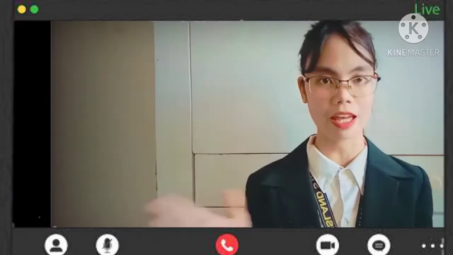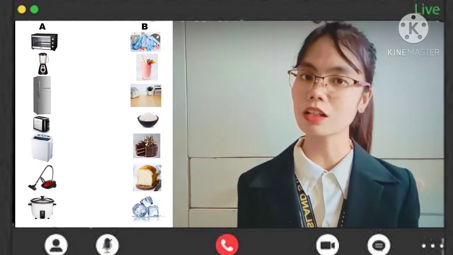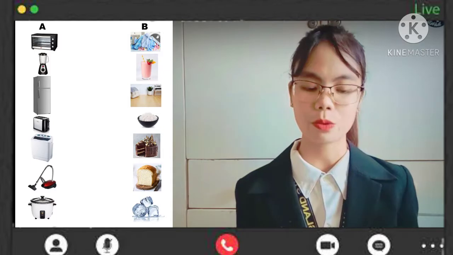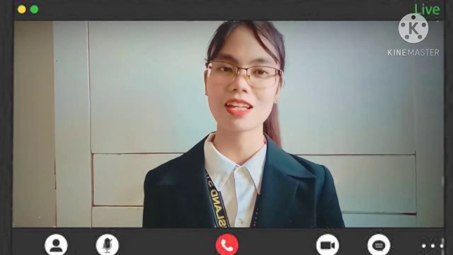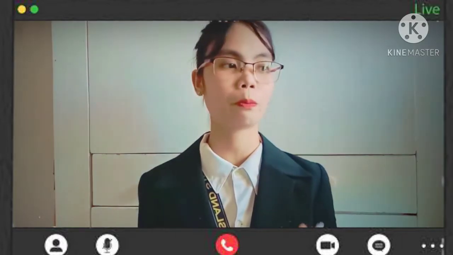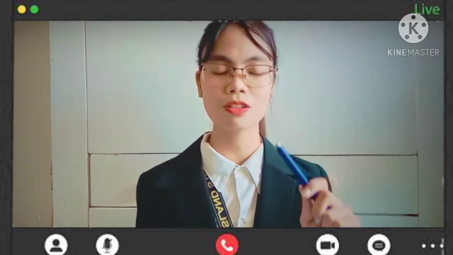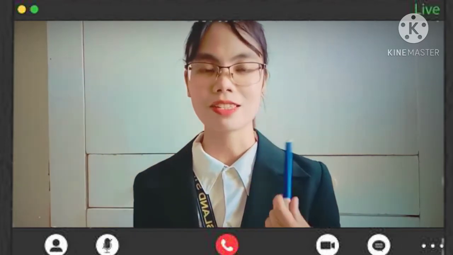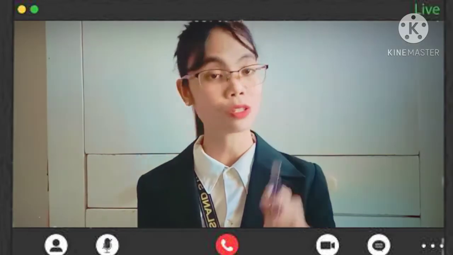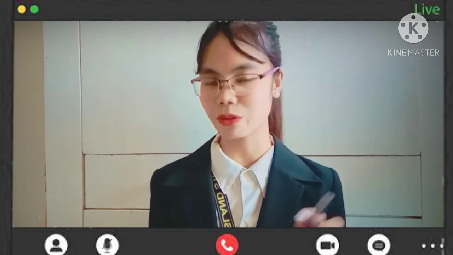I have here two sets. In column A are the appliances, and in column B are the objects related to it. You are going to sing a particular song, and I will point to your faces on the screen while you're singing, one by one. When I say stop, the student being pointed at that moment will be the one to answer the question.